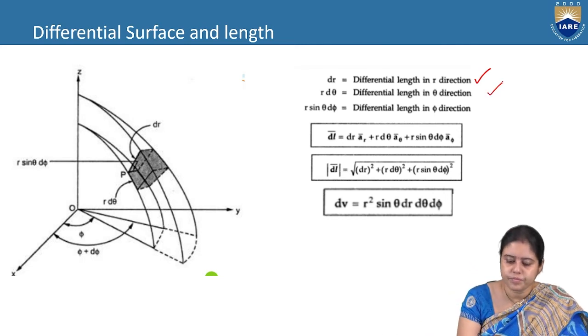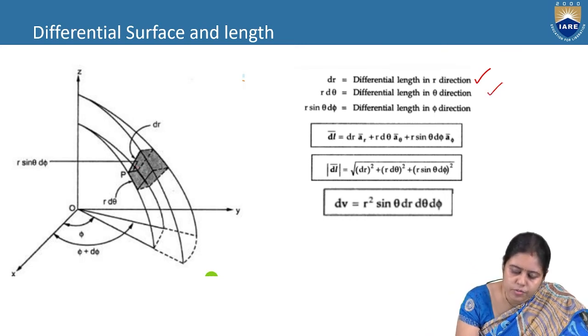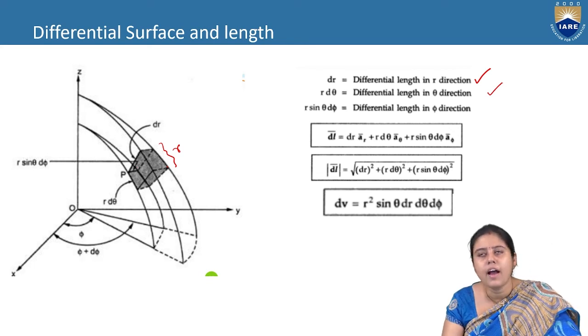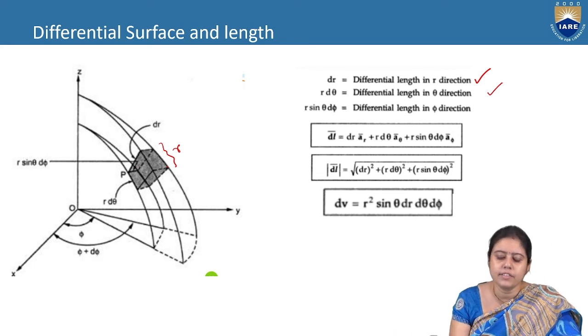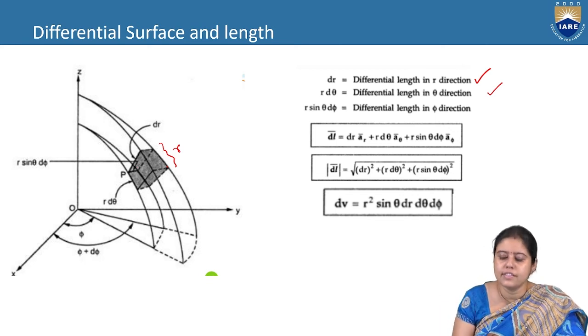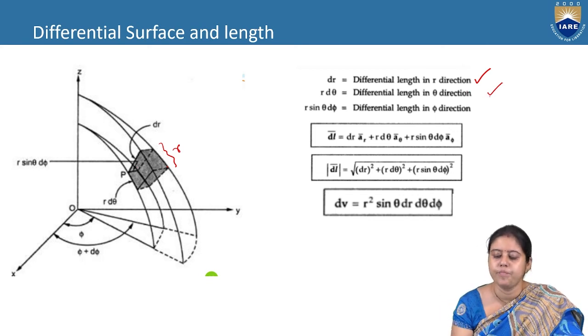Why? Say this is a point and we change it by a small amount. If the length is r, the height will be r into the angle. The angle with the z axis is theta, so it is r d theta.